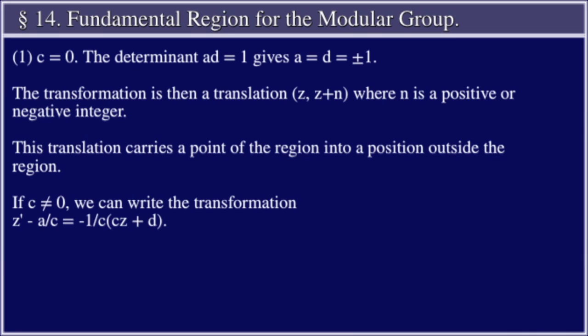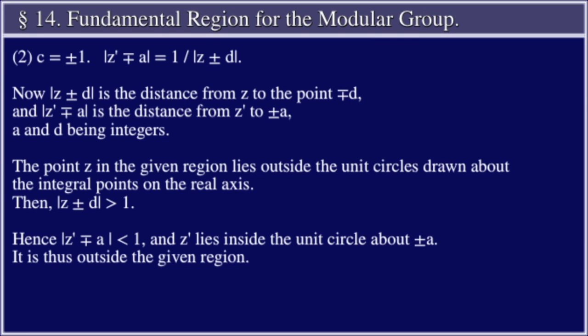If c is not equal to 0, we can write the transformation z prime minus a divided by c equal to minus 1 divided by c times the quantity cz plus d. 2. C equal to plus or minus 1. The absolute value of the quantity z prime minus or plus a is equal to 1 divided by the absolute value of the quantity z plus or minus d.